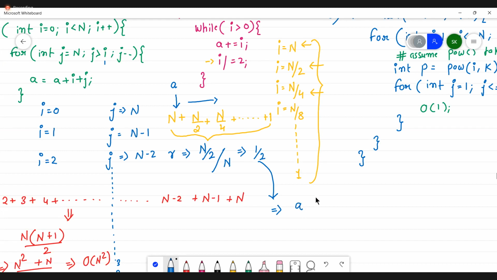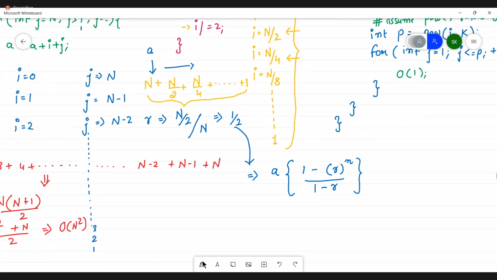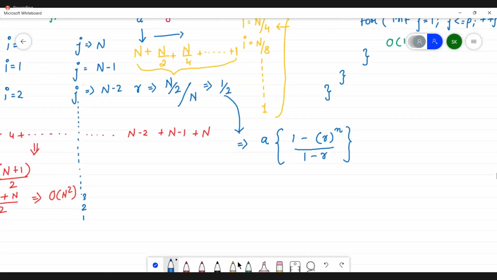It is A times 1 minus r to the power n, divided by 1 minus r. Clear, everyone? Anyone in the class who is not getting this formula and the GP concept?